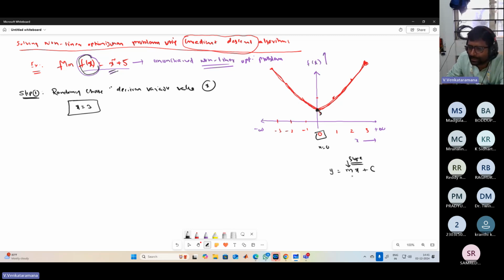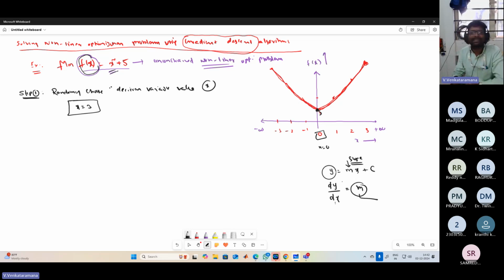Now, if you want the slope of your function, you have to differentiate it with respect to your decision variable, then you will get the m value at that x. So if you want to find the slope of any function at a particular x value, you take the first order derivative. You derive your function y or f of x with respect to x. It will give the slope, right?